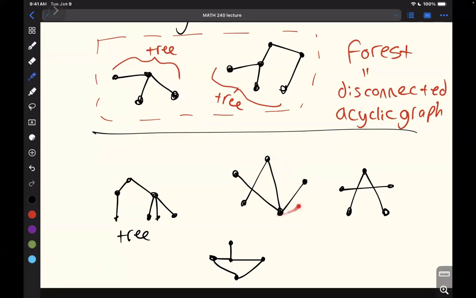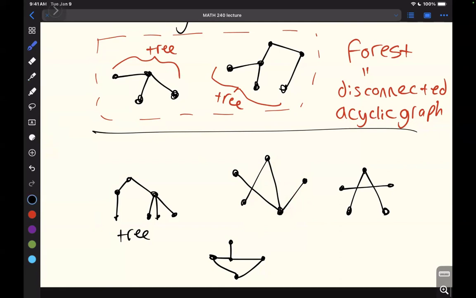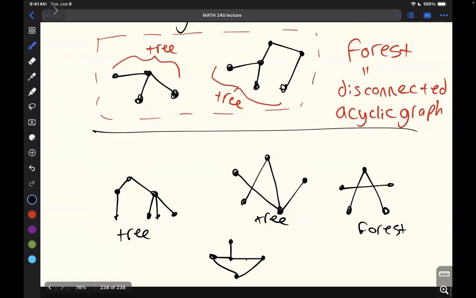What about this one? Also a tree? Yep. Connected, acyclic. What about this one? One that looks like an A. It's not a tree. So what is it? A forest. And what about this one? Yeah, it's cyclic. So it's not a tree, nor is it a forest. So tree, no. Forest, no.